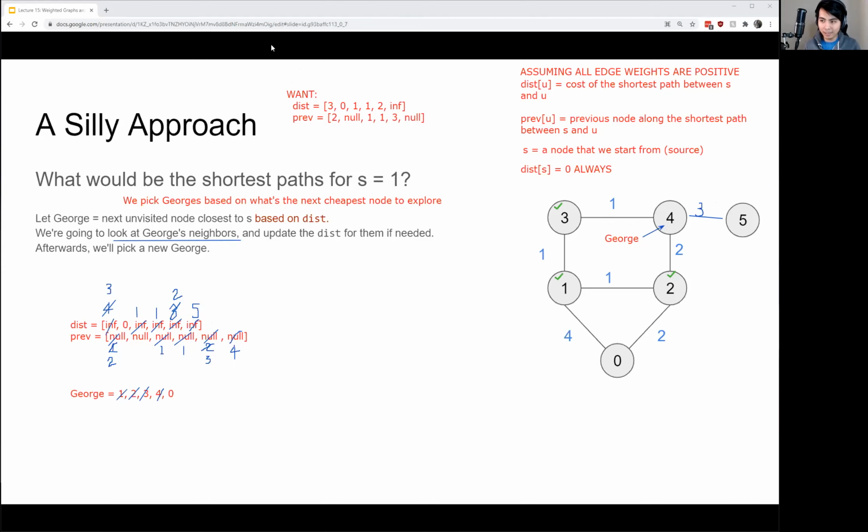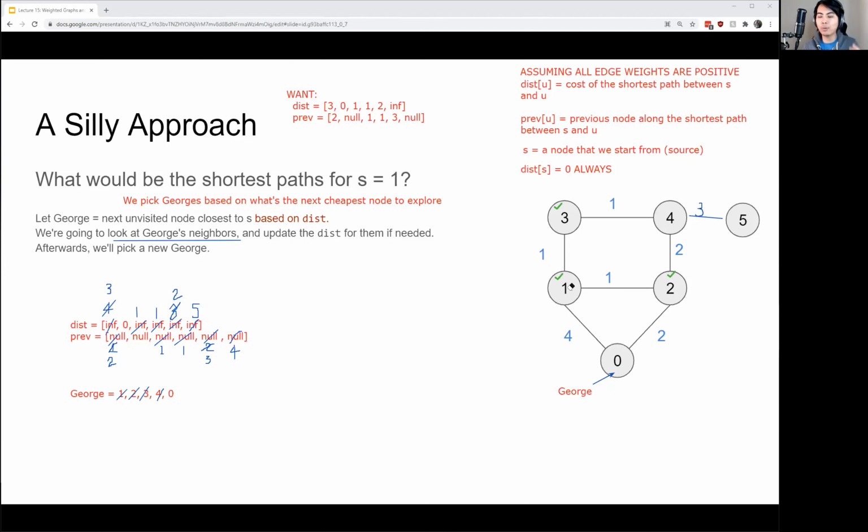All right, so we're going to go ahead and look at 0 here. We know that 0 has neighbors in 1 and 2, right? George is equal now to node 0. George's neighbors won't be updated because George's neighbors here, I'm going to go a little bit faster, are now the cheapest that they could be, right?